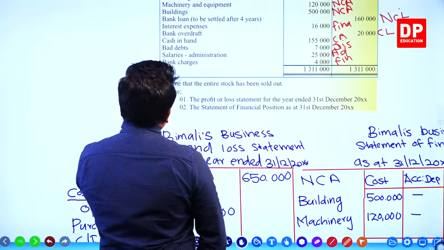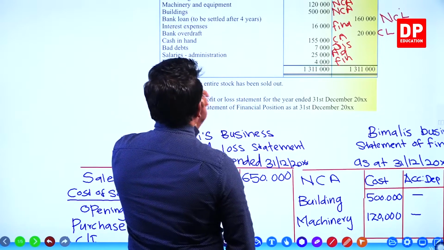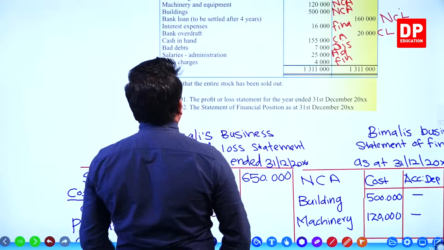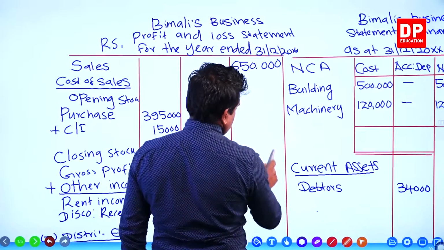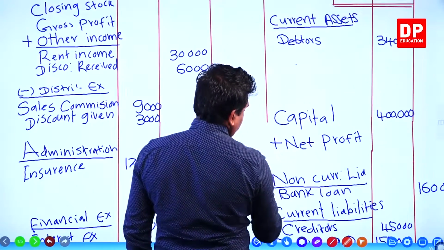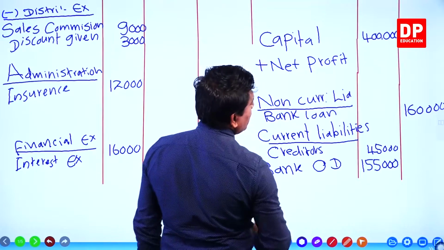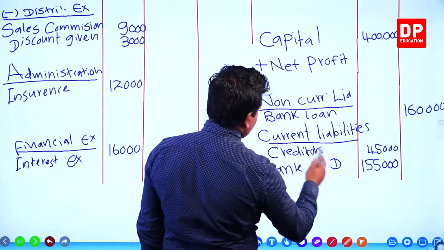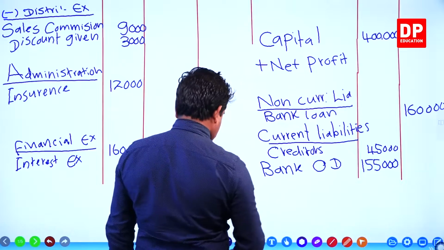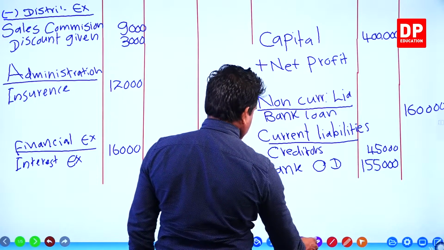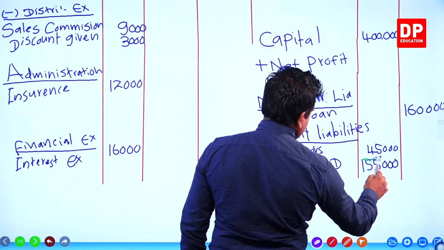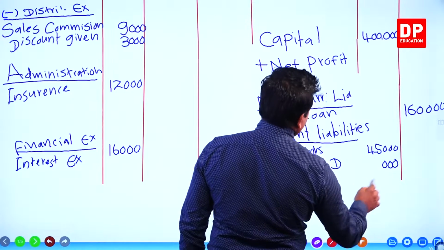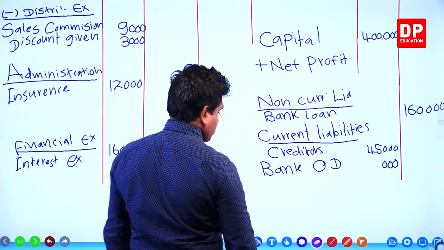It's wrong. Bank overdraft 20,000, right? Cash in hand 155,000. Then bank overdraft we have to change. Bank overdraft not the 155, it should be 20,000.